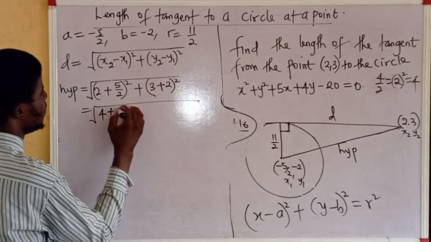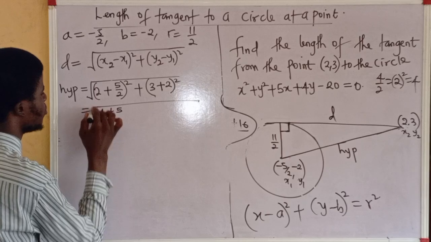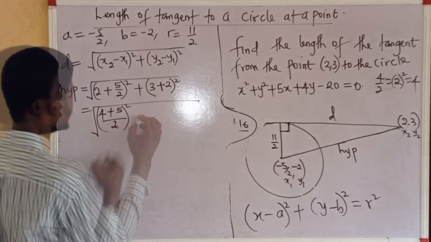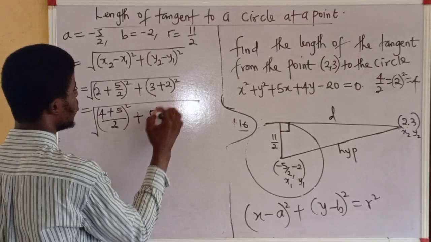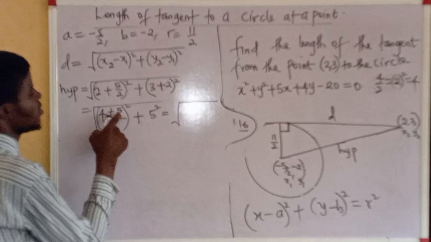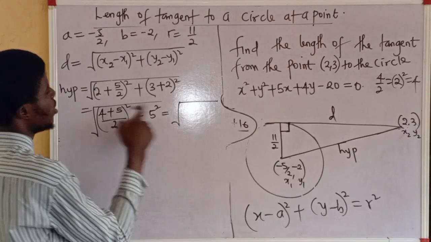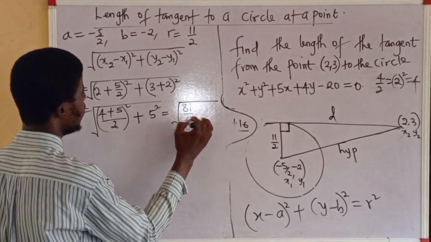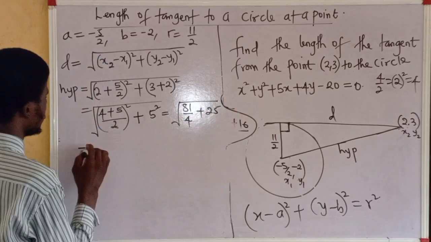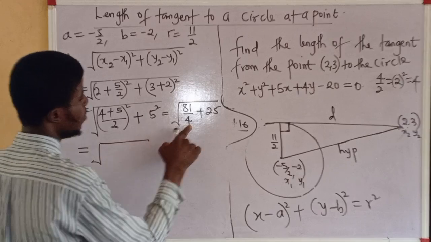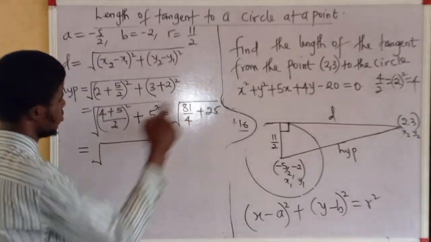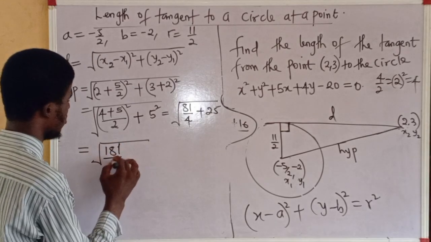So we have 4 plus 5 upon 2, all squared, plus 5 squared. Alright, so we have 4 plus 5 is 9, 9 squared is 81, we have 81 over 4, 2 squared is 4, plus 25. This is equal to, 4 times 25 is 100. 100 plus 81 is 181.